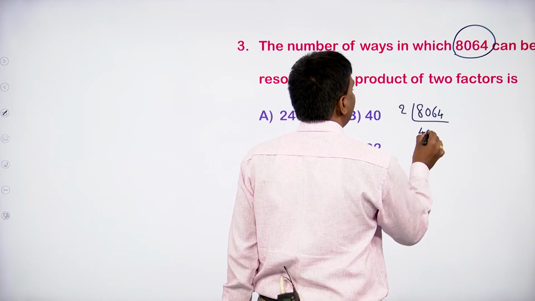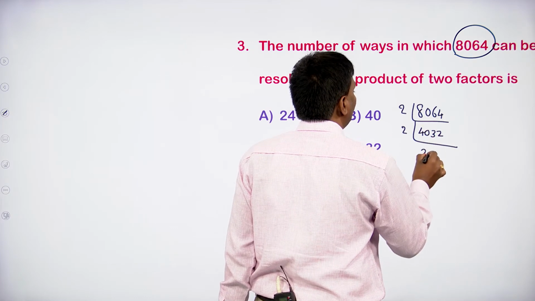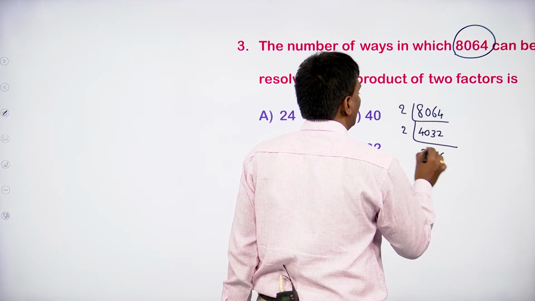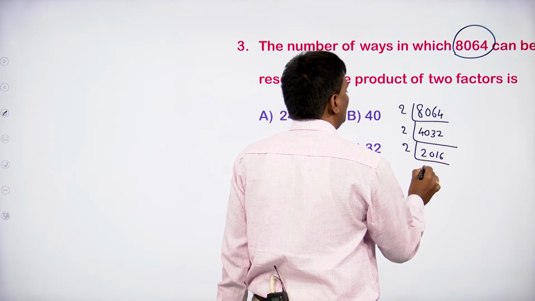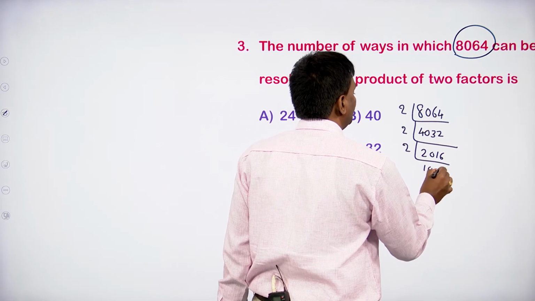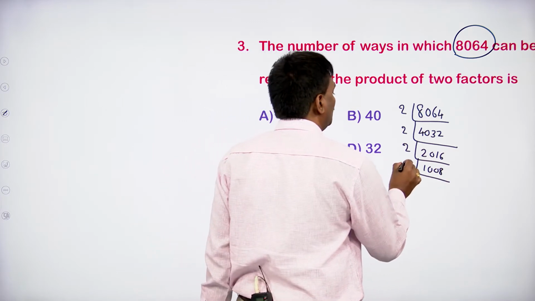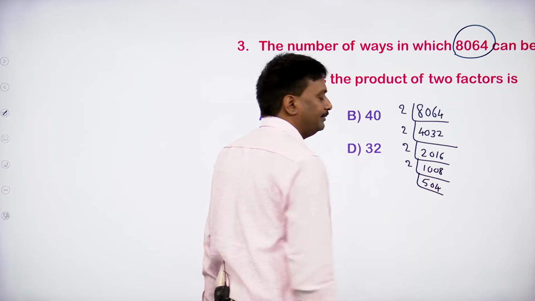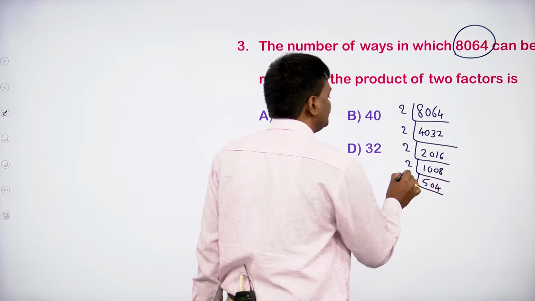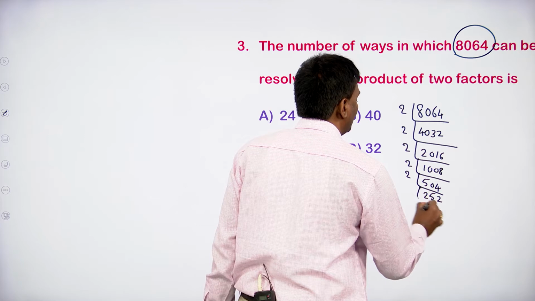Dividing 8064 by 2: 2 4 ja 8, 2 3 ja 6, 2 2 ja 4, 2 2 ja 4, 2 16 ja 32, giving 4032. Taking 2 again, we get 2016. Next, 2 5 ja 10, 2 4 ja 8, giving 1008. Again by 2, we get 504.